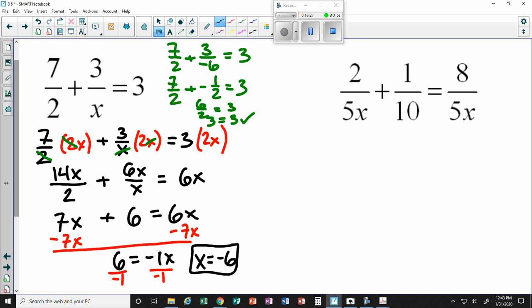All right, next one. Talk with your partner right now. See if you can just come up with the common denominator. So what do you think the common denominator is? Talk with your partner. So what is the smallest that both of those go into? Maybe 50.